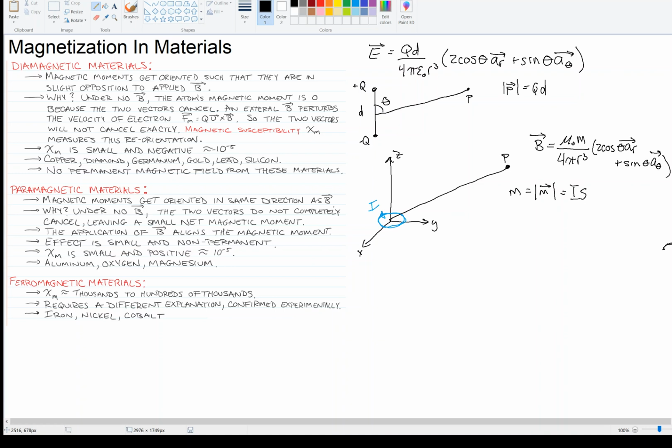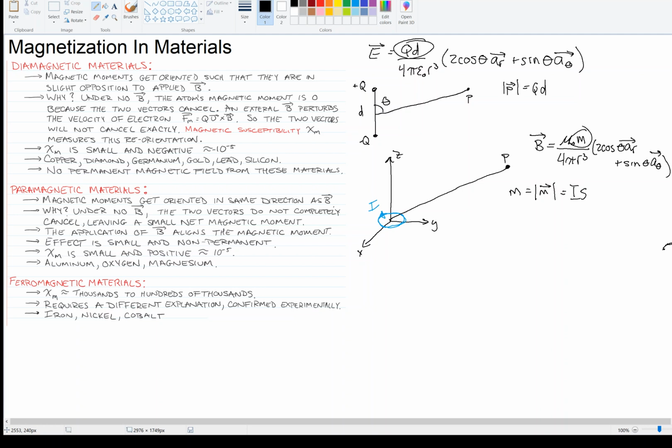And if we look at the far field magnetic field due to this current carrying wire loop, and we compare it to what we said about the electric dipole, we see a lot of similarities there, right? The epsilon, the mu, the dipole moment, and now here we have a magnetic dipole moment, magnetic moment, 4 pi, the r cubed, and then the geometry is the same with the cosines and the sines.